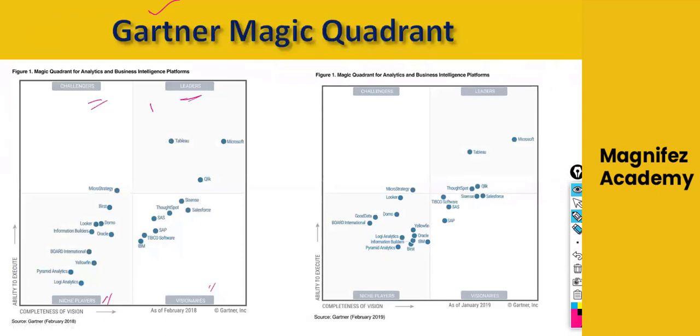Now if you see the different BI tools available here, there is Microsoft BI, Tableau, and QlikView. QlikView is a little low compared to these two tools, but these two are neck and neck in competition. For the last 7 years Tableau was the leading tool, but in the last couple of years Microsoft Power BI has become a core. Earlier, for almost 5 years, Microsoft was there with the name MSBI.